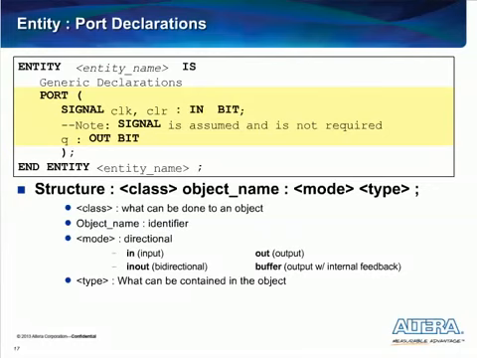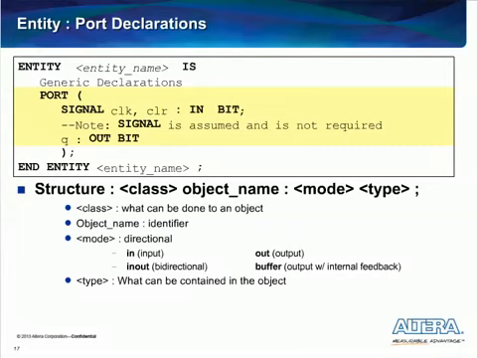In-outs must be used as both inputs and outputs. With buffers, physically in the device you will have an output pin, but you'll be allowed to read from it as well. Use care when using buffers, as there are restrictions on them when connecting them to other design blocks hierarchically. Personally, I stick with in, out, and in out.